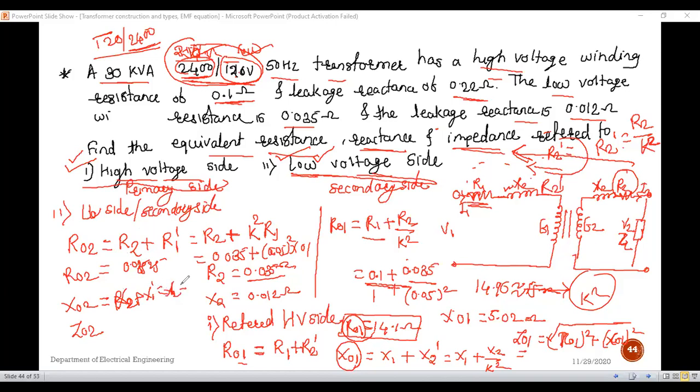Again X2 plus X1 dash. What is X1 dash? K square into X1. And calculate Z02: R02 square plus X02 square, under root of that. It is nothing but Z02. So this is the referred value.